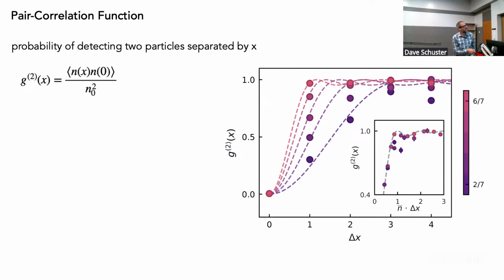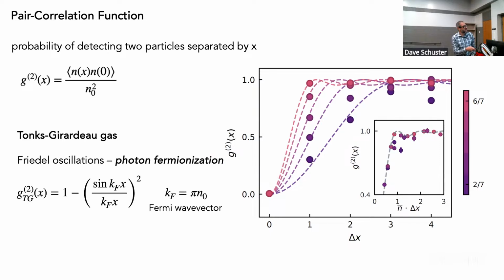So anyway, you can measure this pair correlation function, and this is a Tonks-Girardeau gas, and it's a very small system. It's only 7 sites, but actually it's okay. Let's not oversell it, but it really does have that character of fermionization, even with these tiny systems.